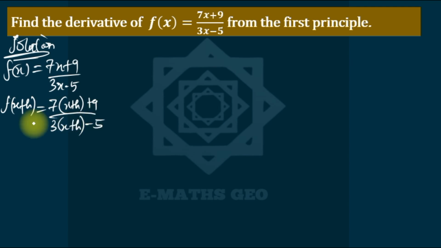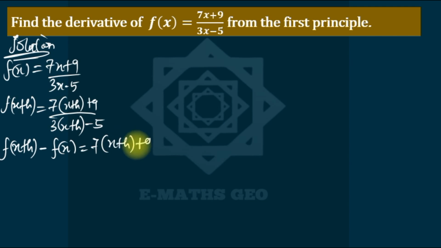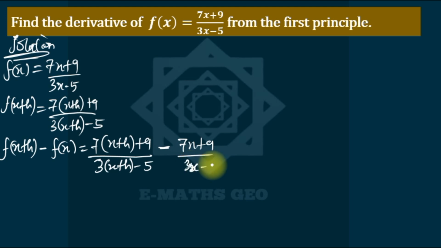So we've done the first part. The second part is to subtract the original function from this one. So we now have 7 times x plus h plus 9 over 3 times x plus h minus 5, minus 7x plus 9 over 3x minus 5.